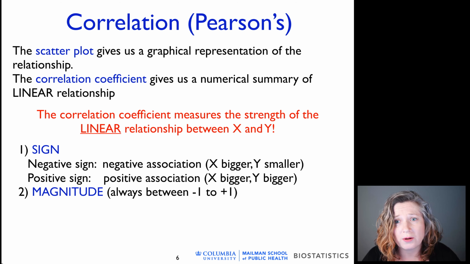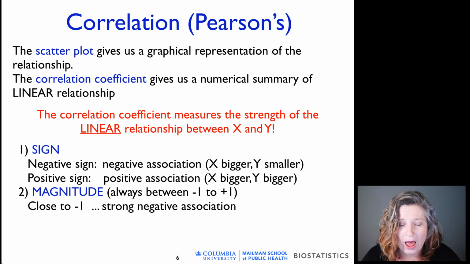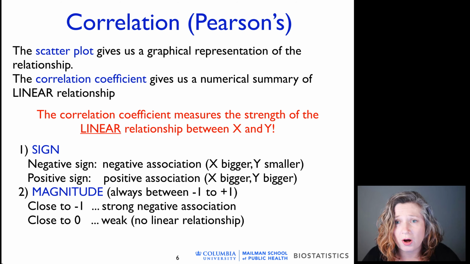The magnitude of the correlation number can be between -1 and +1. Around -1 we have the strongest negative associations. Those are the associations where knowing x gives us an almost perfect estimate of y. Close to 0 we have very weak associations, almost no association, where knowing x doesn't give us very much information to estimate y.